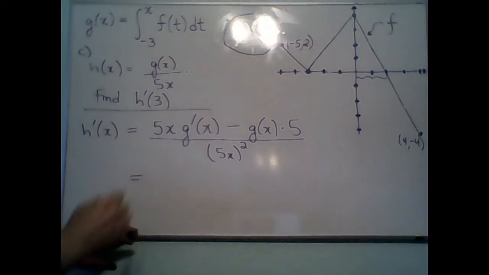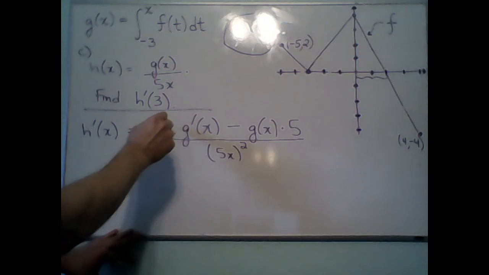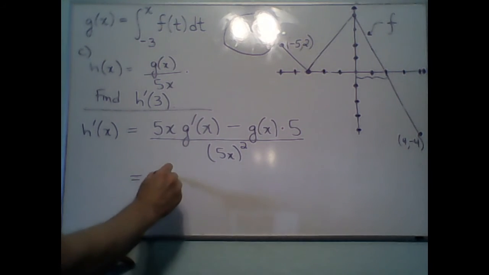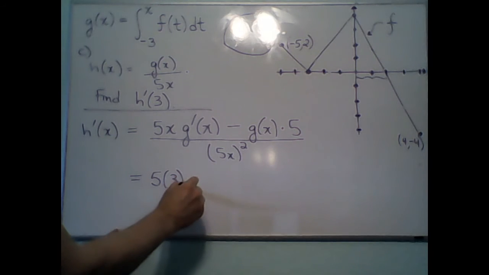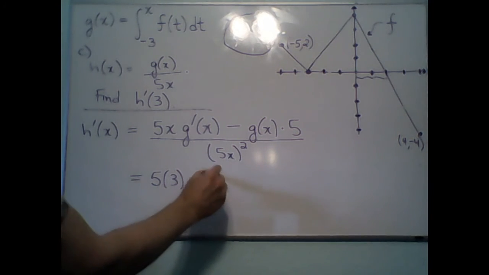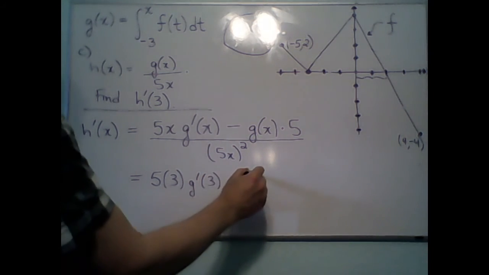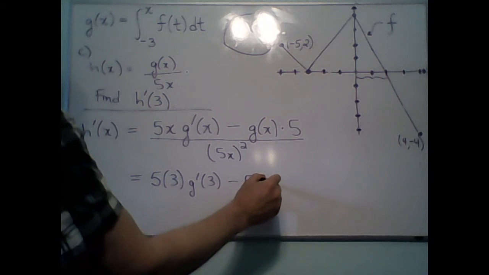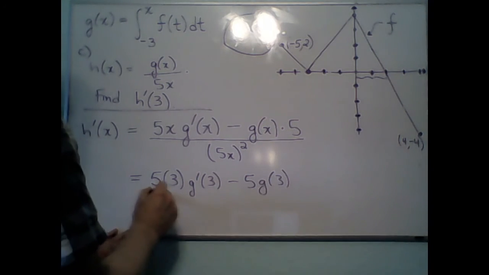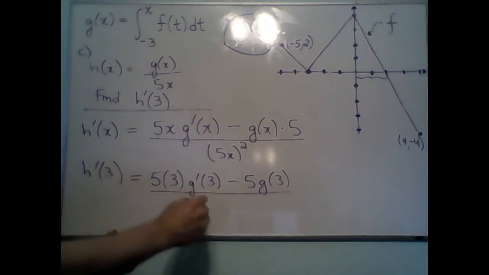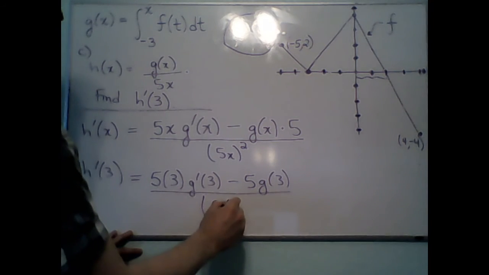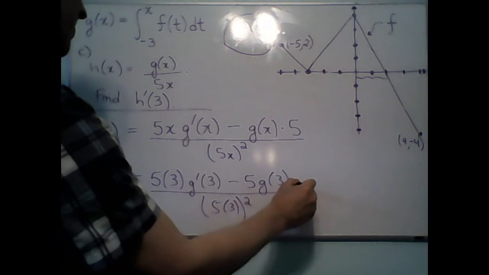So that's, let's see, 5 times 3 times g prime of 3 minus 5g of 3 over, sorry, what is h prime of 3 is equal to this. 5 times 3 quantity squared.